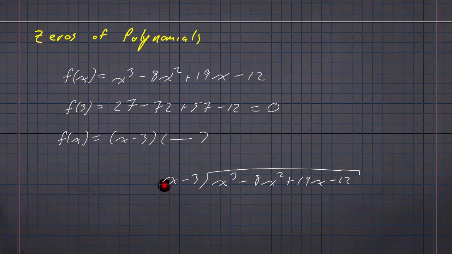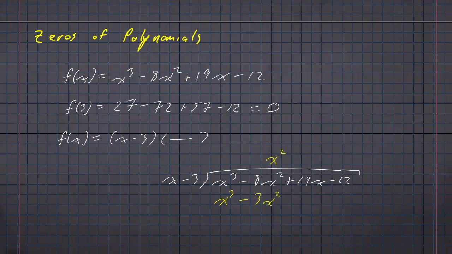You mostly are going to focus on the lead term. X fits into x cubed. Well, x times x squared is x cubed, so I'll write down an x squared. And I'll multiply x squared times x minus 3, which gives me x cubed minus 3x squared.